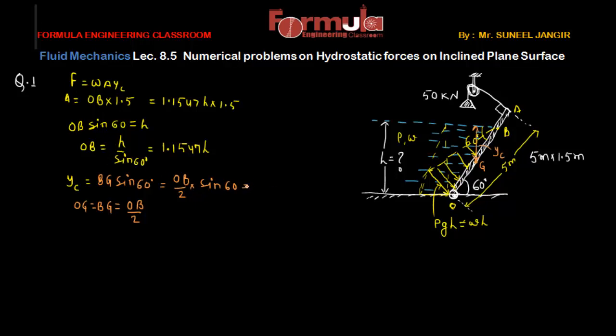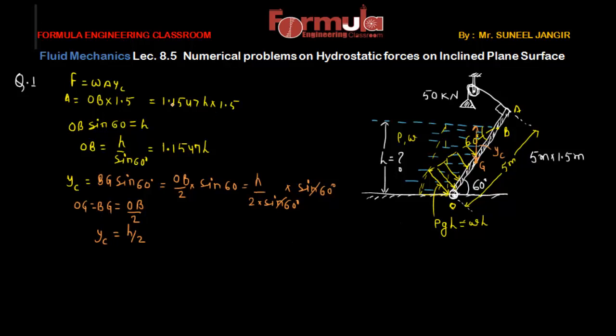So we can write this as H by 2 into sine 60 over sine 60. This sine 60 cancels out. So YC will be equal to H by 2. Now we know the YC in terms of H.